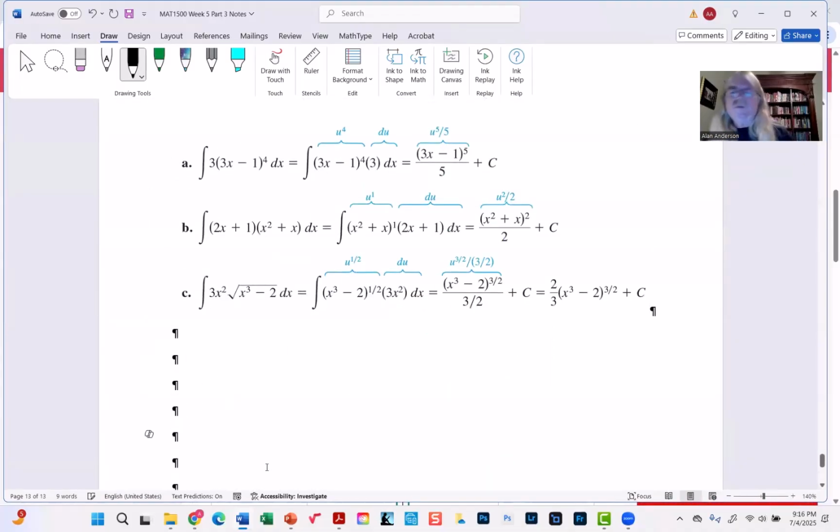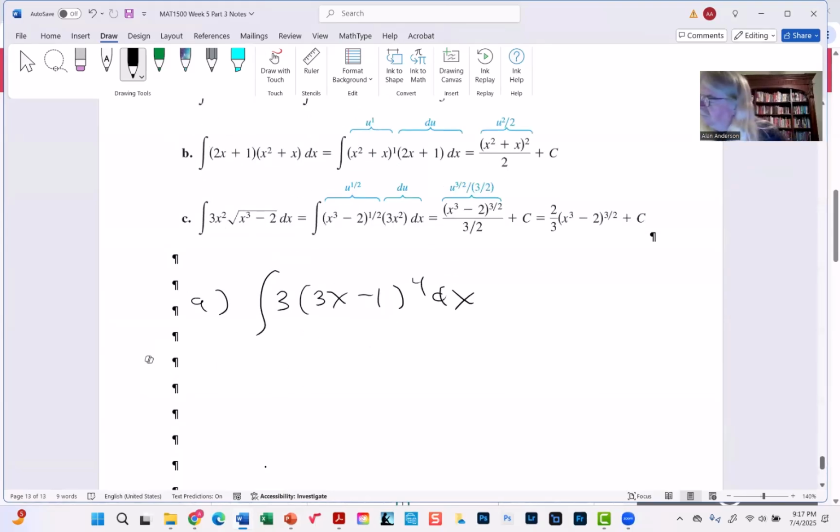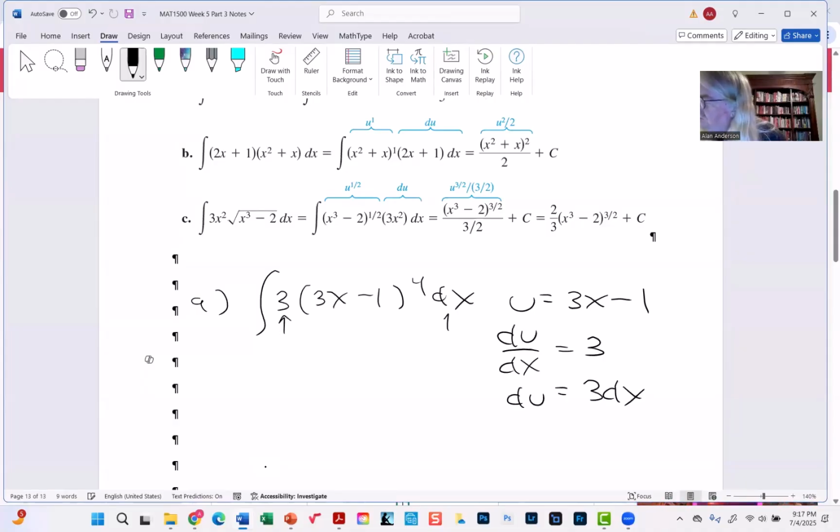All right, well, let's start with the first one. So let's try u equals 3x minus 1. du/dx is 3, which we do have.